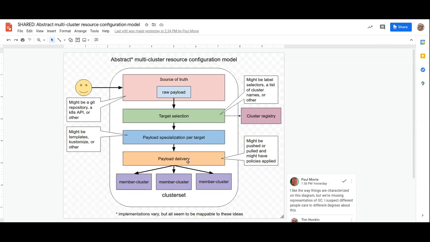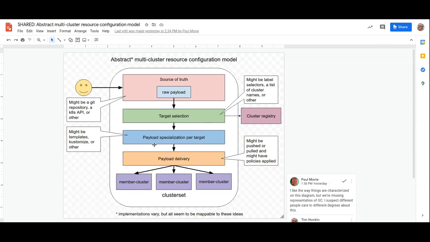I know there are systems that assume they can talk to every cluster in the set and push out. The difference doesn't really matter from an abstract point of view. There may be policies applied here, like who's doing it, what time of day it is, or the rate limit for how fast you can push to different clusters. But at the end of the day, this payload runs through this pipeline and gets delivered out to the individual member clusters.